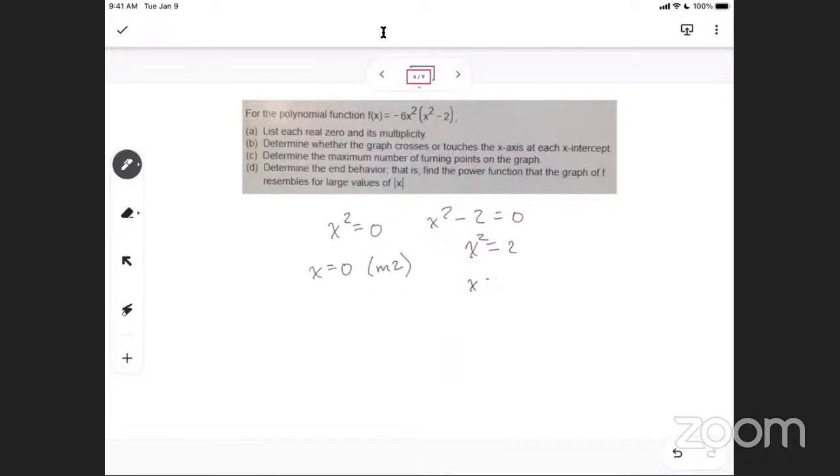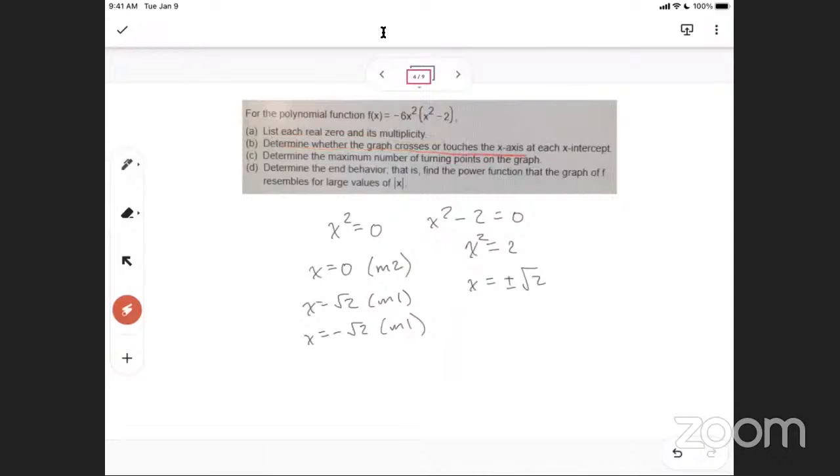So I have x equals plus or minus the square root of 2. So each of those has a multiplicity 1. So x equals the square root of 2 with multiplicity 1, and x equals negative square root of 2 with multiplicity 1. So there's my 4 zeros if I count multiplicity. 1, 2, 3, 4.